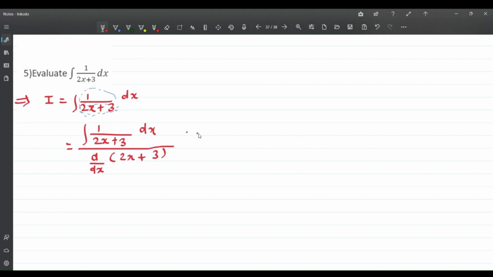So for this, the formula will be integration 1 upon x dx. What is the integration of 1 upon x dx? The standard formula for this is log x plus c. So 1 upon 2x plus 3 becomes log 2x plus 3, divide by derivative of 2x plus 3.